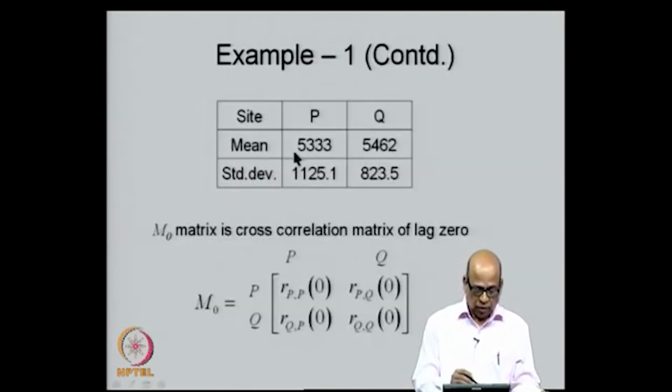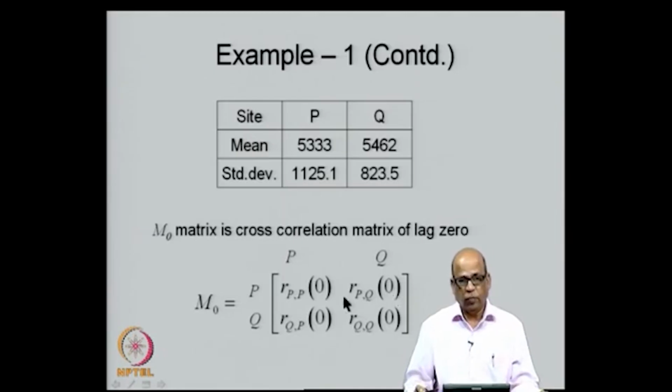So, we get the mean and the standard deviation from the data, then we get M naught. M naught is defined as the lag 0 cross correlation matrix. So, you take the cross correlation at lag 0, which is essentially the covariance.